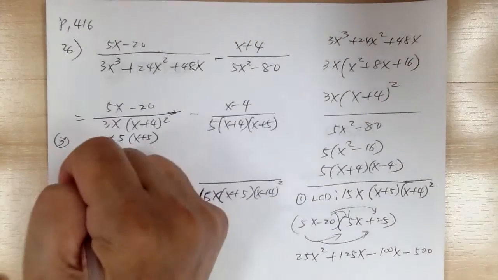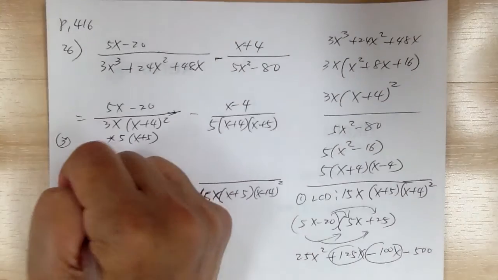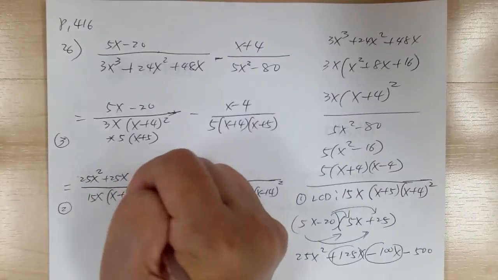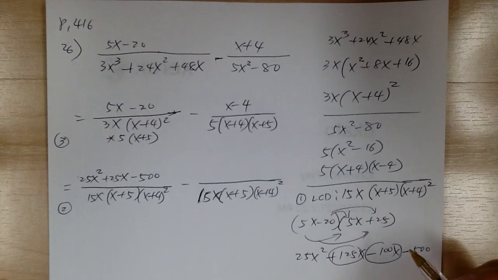So let's put up here. I combine the like terms, so you're going to get 25x squared plus 25x minus 500. Double check.